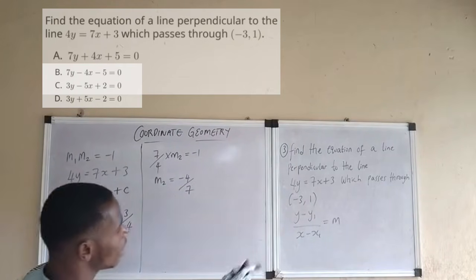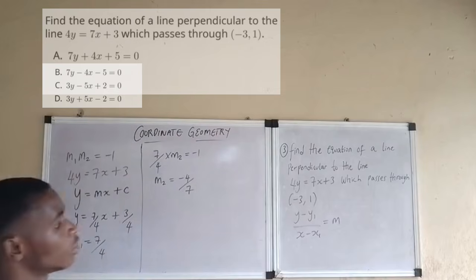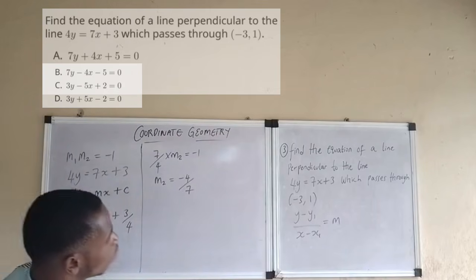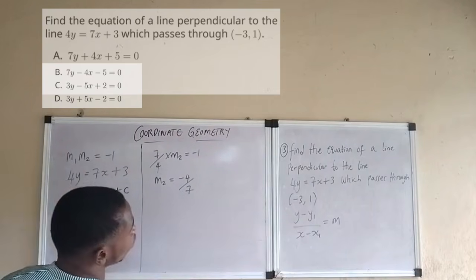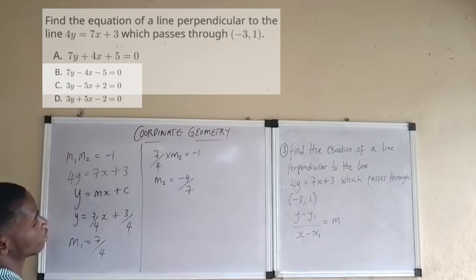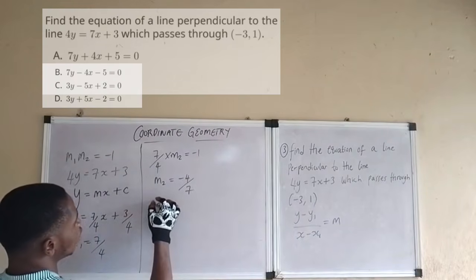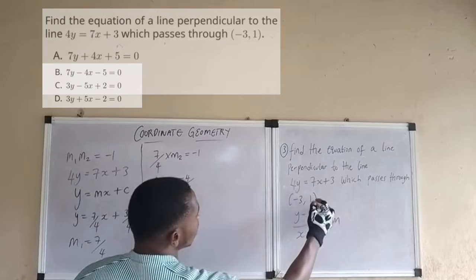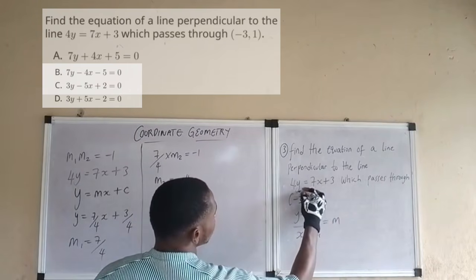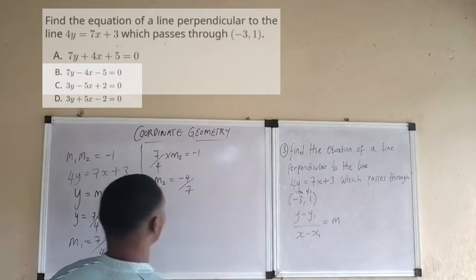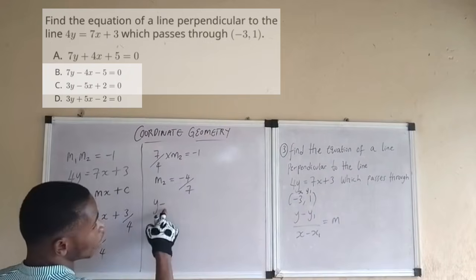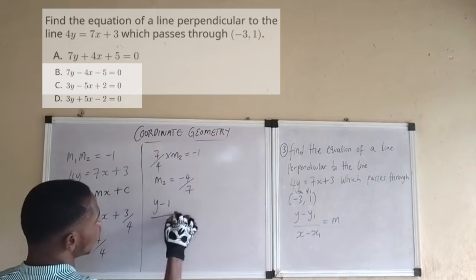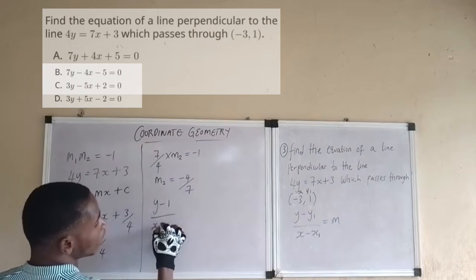Now, having known what our m2 is, we are going to use this point slope formula to find the equation of the second line, the second perpendicular line. So we have y minus y1. Sorry, y1 is 1, please. y minus 1 over x minus x1.